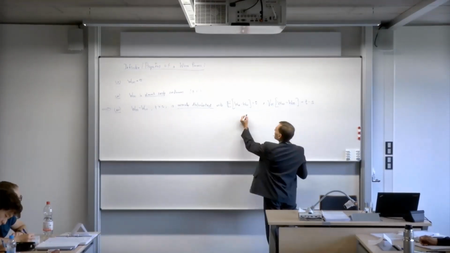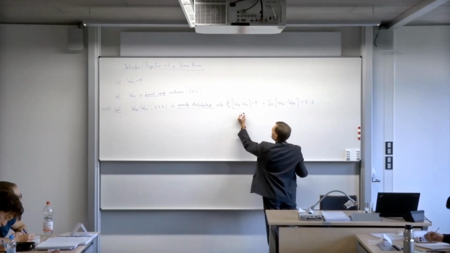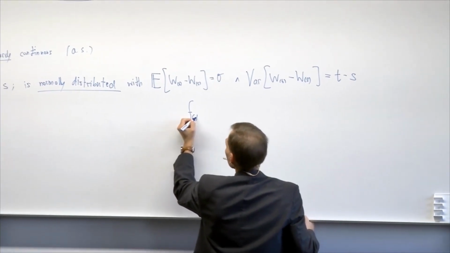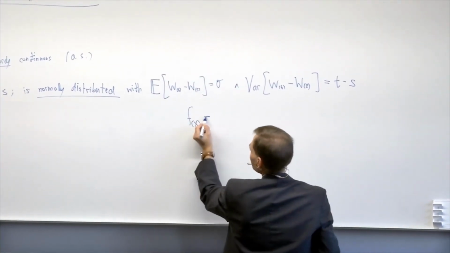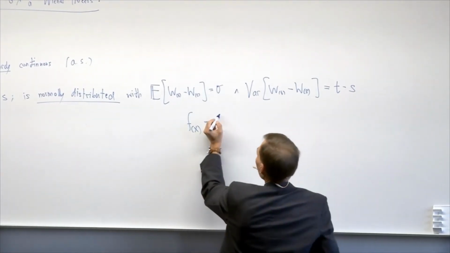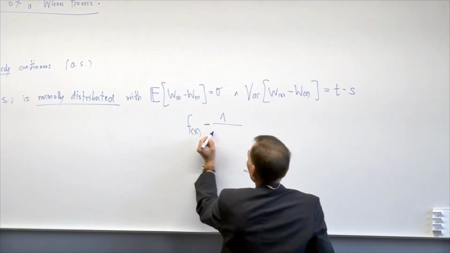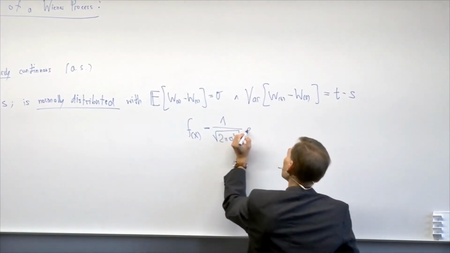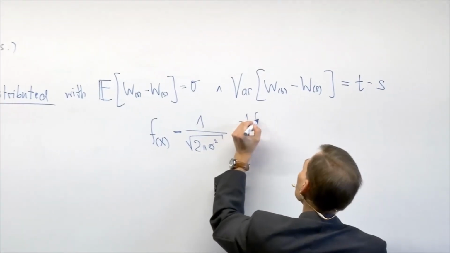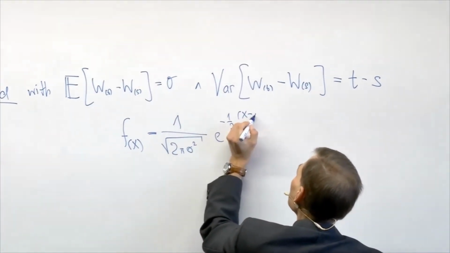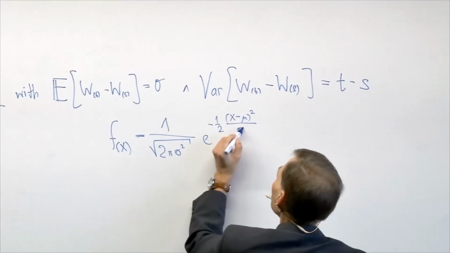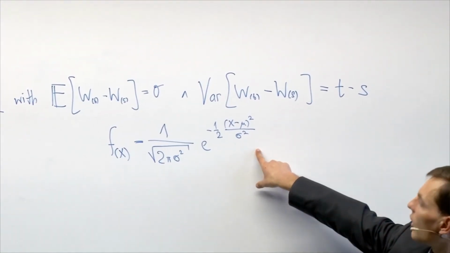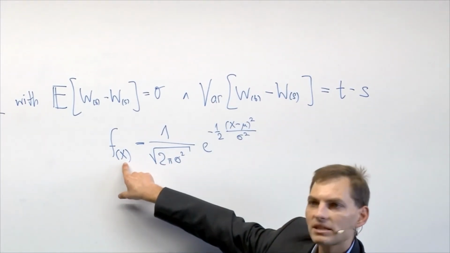So in other words, if I write down the density function, you know the density function of a normal distribution, let's call it x, we discussed last week. You all remember, well, a normal distribution is 1 over the square root of 2 pi sigma squared, e to the minus 1 over 2 times x minus mu squared divided by sigma squared. That is the density function of a normal distribution.